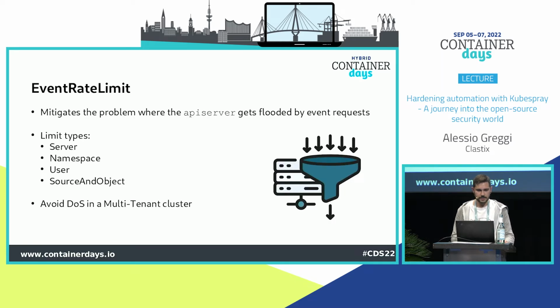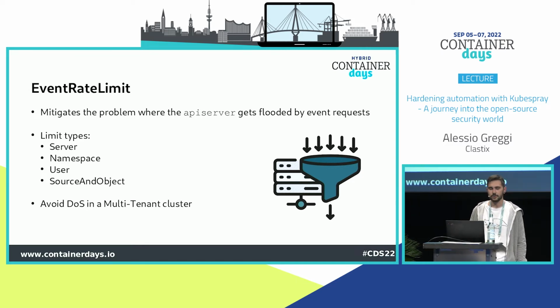So let's start from the EventRateLimit contribution. In order to understand, I will explain a little bit what the EventRateLimit does. Essentially, it mitigates the problem where the API server gets flooded by event requests. So what does it mean? Think about a multi-tenant cluster where all the tenants are running their workloads.